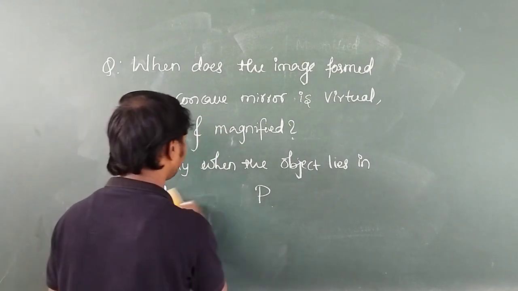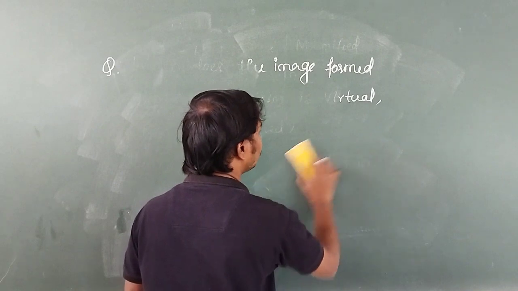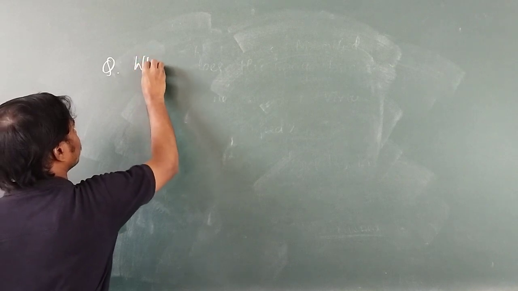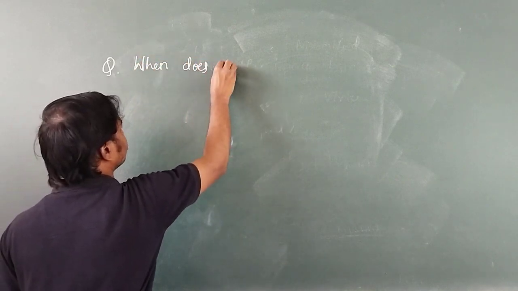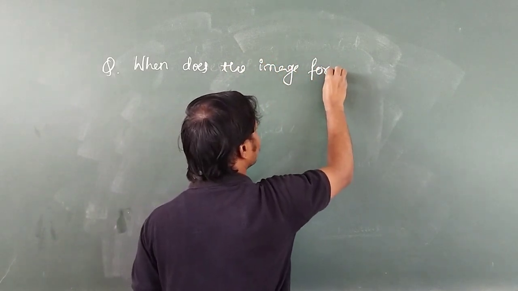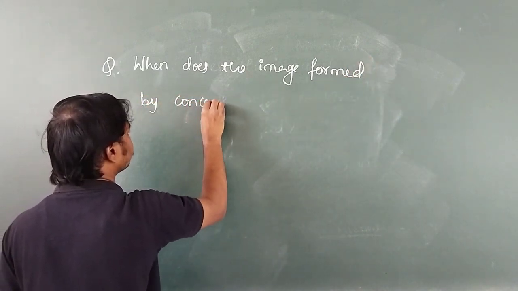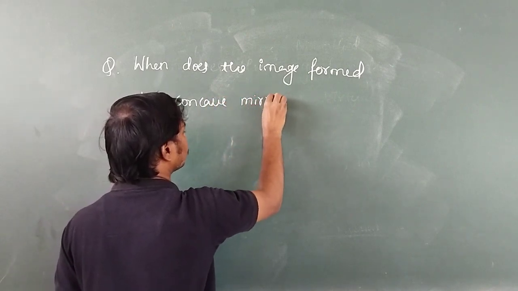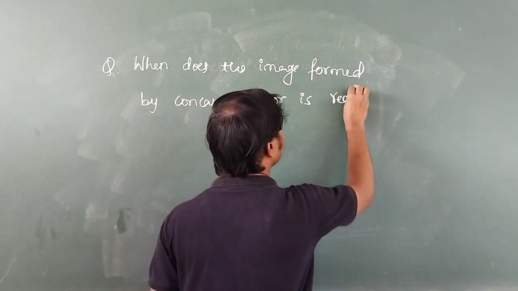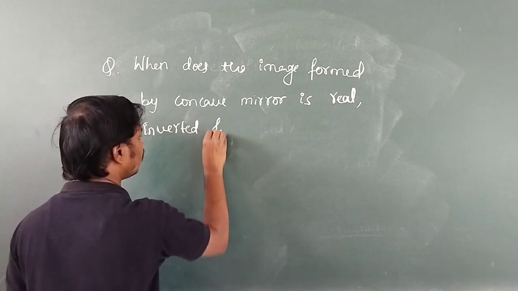So only when the object lies in between infinity and C. Next question: when is the image formed by a concave mirror real, inverted and diminished?